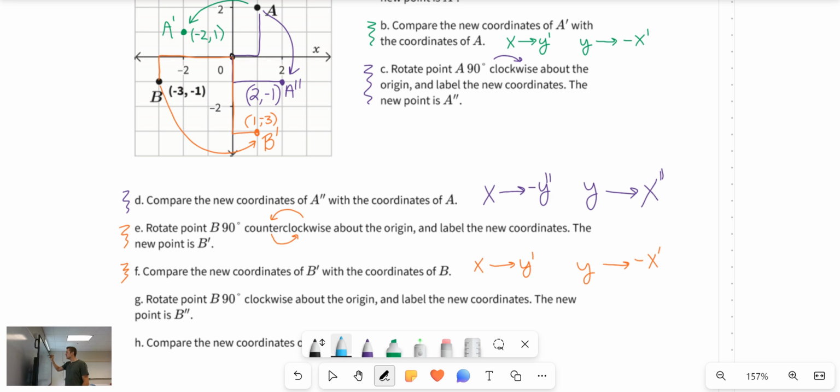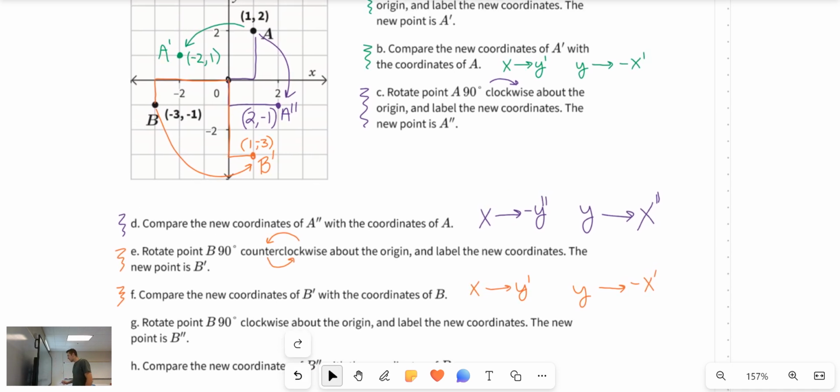So we're going from the origin, 90 degrees. If our first one was this orange, I'm going to rewrite this a little bit because we're rotating the other way, so I want to show it differently. So rotating, here we go.